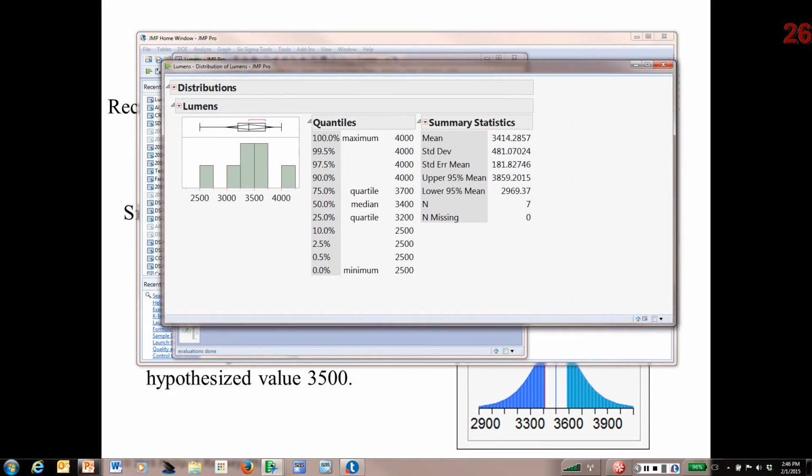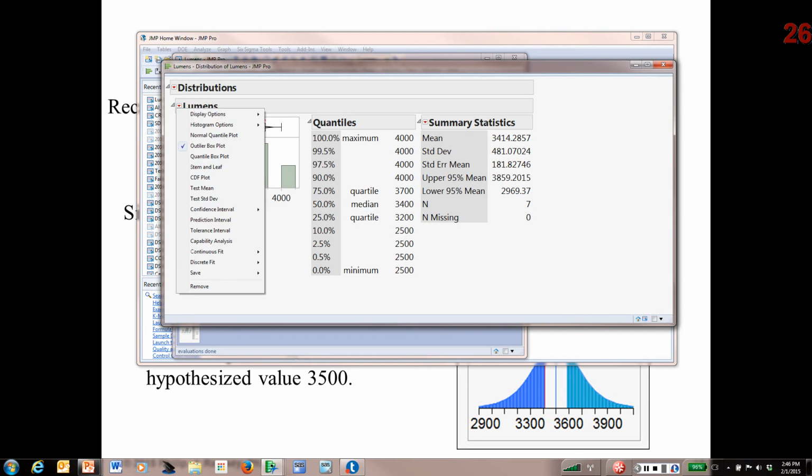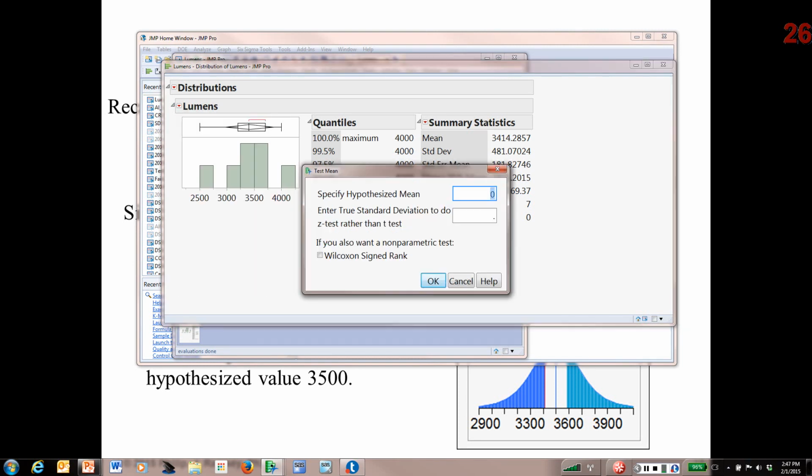You'll see the statistics match what we showed in the original example. And then in the report menu to the left of Lumens, there's something called Test Mean. All you need to fill out in this dialog box is the theoretical mean value that you've hypothesized. So in the study we said 3,500.